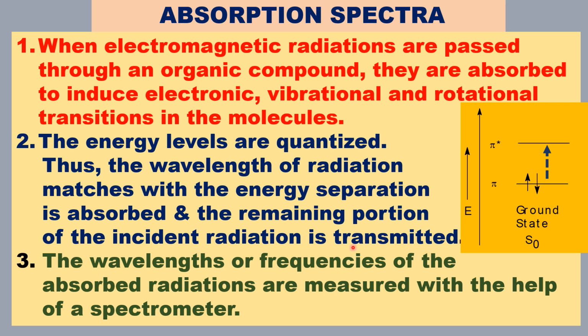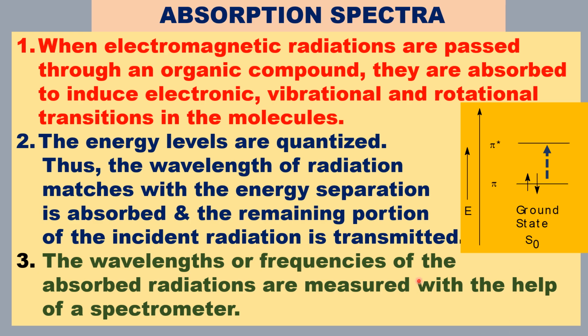Absorption spectroscopy: a spectrometer is used to measure the wavelengths or frequencies of the light absorbed and their intensities, as a function of wavelength or frequency.